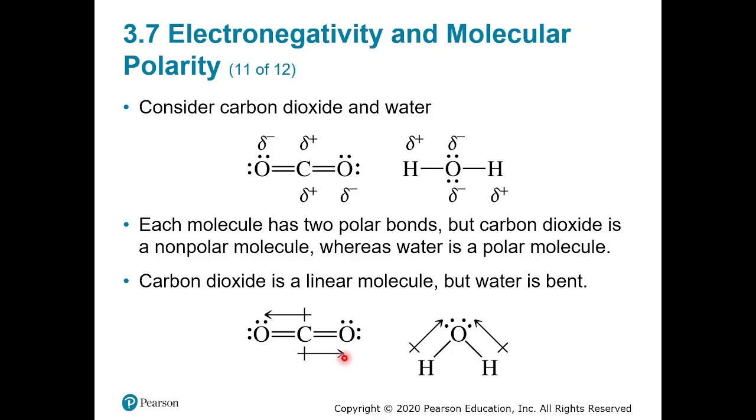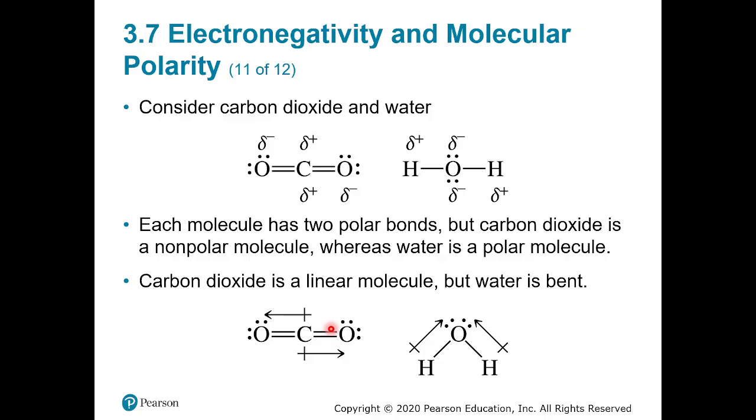This right here, this is linear. So they're pulling in the exact opposite direction, the exact same amount, aren't they? That means they're going to cancel out. You're not going to have any overall pull for this molecule. So the overall molecule of carbon dioxide is nonpolar. Again, the terminology: there is no molecular dipole for carbon dioxide.